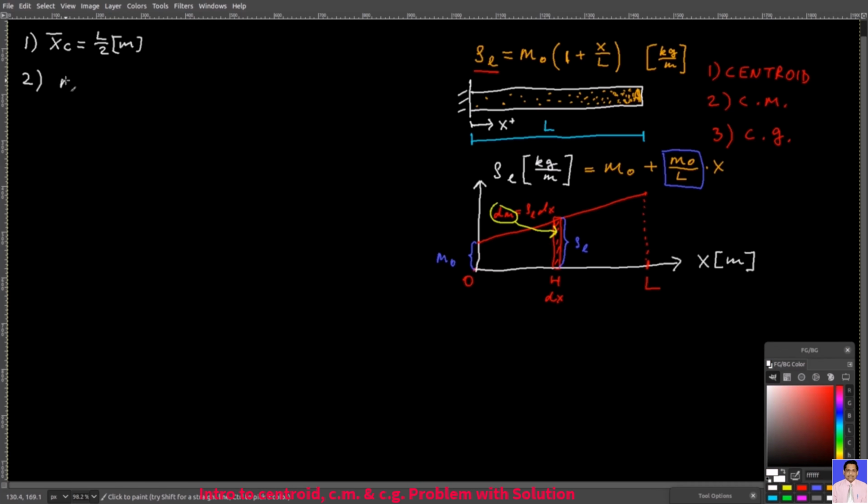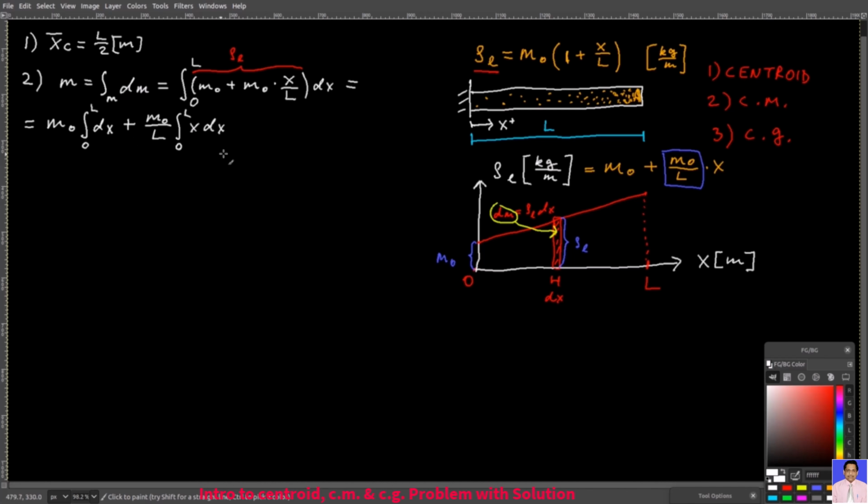And so the total mass equals the integral of dm, or the integral from 0 till L. Now you have this function. Remember that this is your rho L, but it's not constant anymore. You cannot entirely take it out of the integral because you have your x here. Now your rho L increases with distance. And so you rewrite it like this.